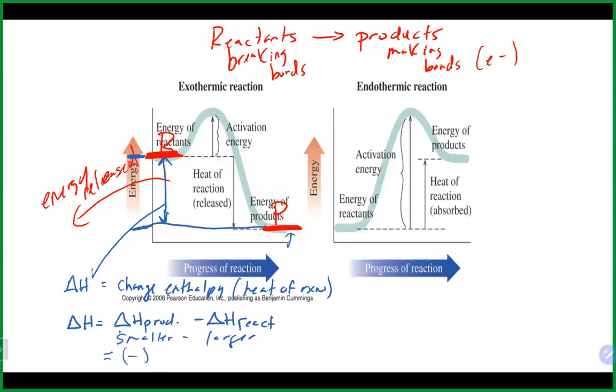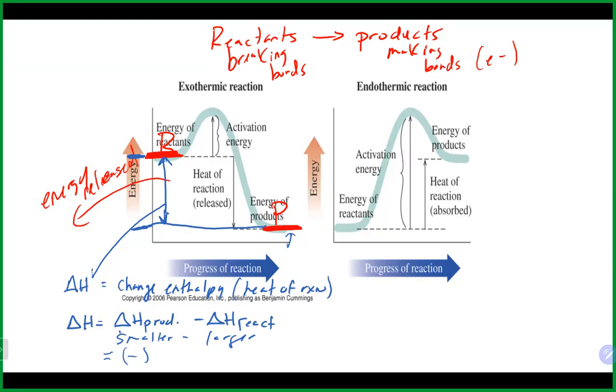Also, anytime you see an energy diagram like the one on the left, where the reactants are higher in energy than the products, it is always an exothermic reaction that's taking place. Any questions on that?